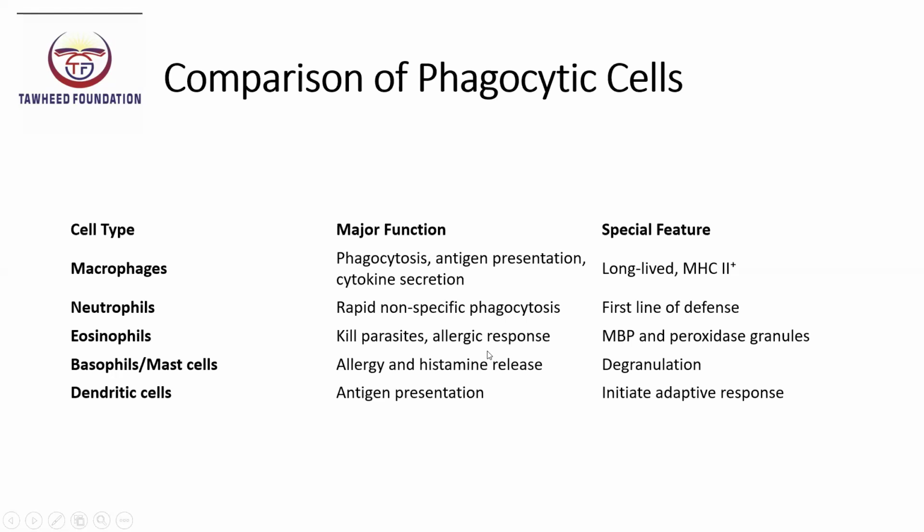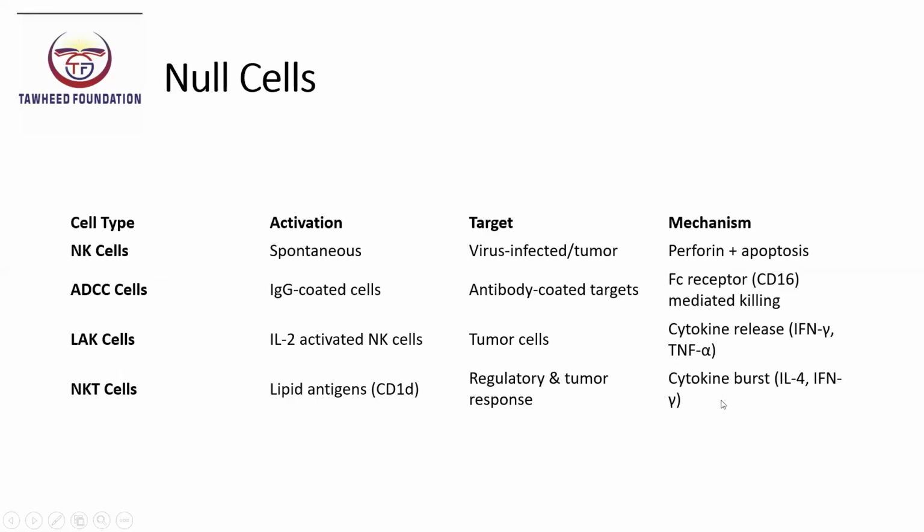Eosinophils: kill parasites and mediate allergic response, with MBP and peroxidase granules. Basophil and mast cell: function is allergy and histamine release, and the special feature is degranulation. Dendritic cell: major function is antigen presentation, and its special function is to initiate adaptive responses.